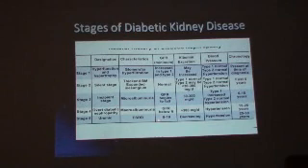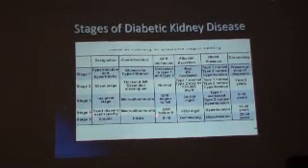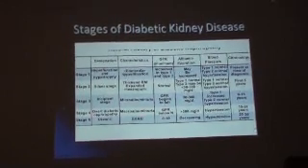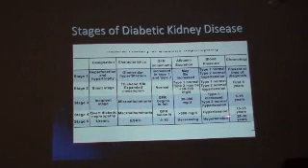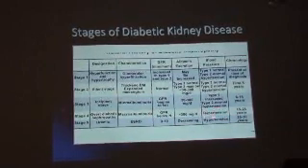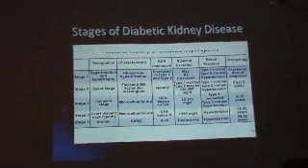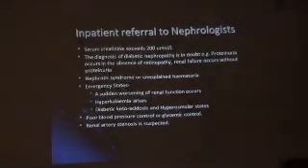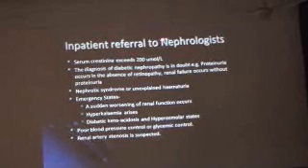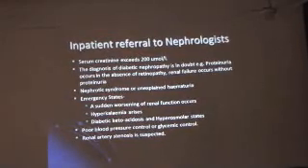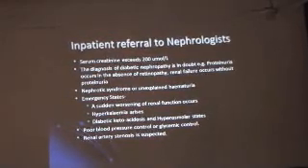And stage 4 is between 30 to 60, the GFR is below normal, there is macroalbuminuria and associated hypertension, and the protein excretion is more than 300.